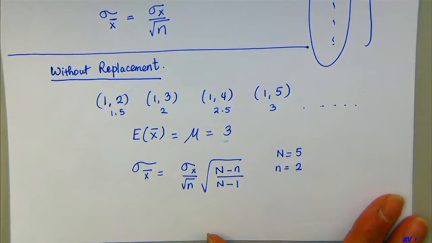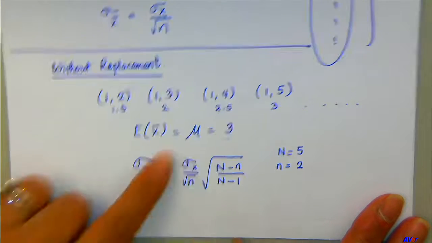1 comma 2 is, 1 comma 3 is, 1 comma 4 is, 1 comma 5 is. 2, 1 is a possibility. 2, 2 is not a possibility. So if you like, you can include the 2, 1 and the 2, 3 and the 2, 4 and the 2, 5 and the 3, 1 and the 3, 2 and the 3, 4 and the 3, 5. You can include all the doubles if you like. This will still work out.